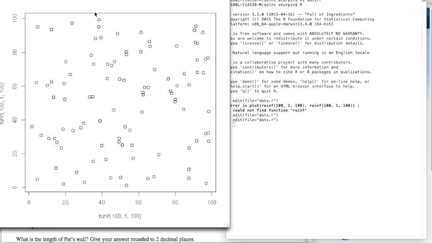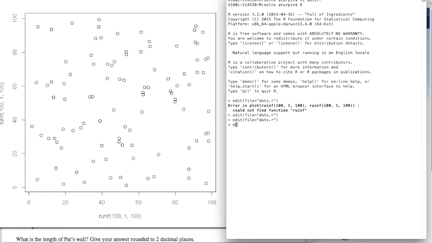If we're going to draw a wall around all of these dots, the smallest longitude would have to be that of the leftmost dot, right? If the wall didn't go through this dot, if it went through this dot and this dot, then this would be outside the wall. So the smallest longitude in the whole set has to also be the smallest longitude for the wall. How do we find that?